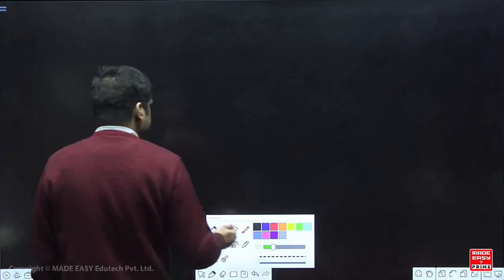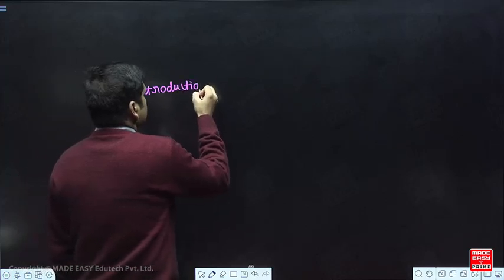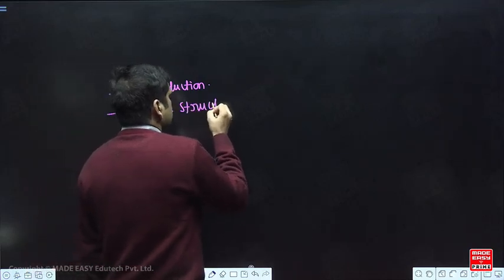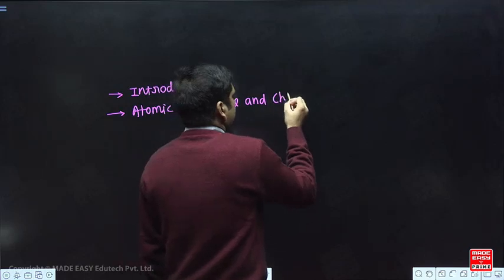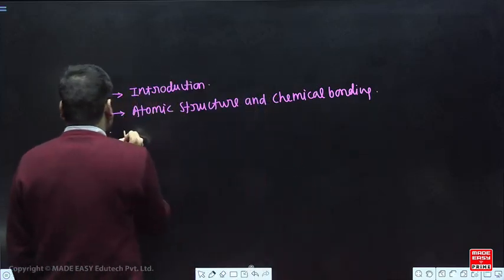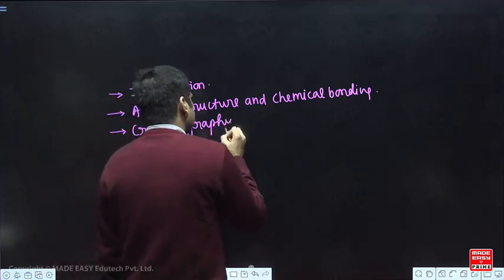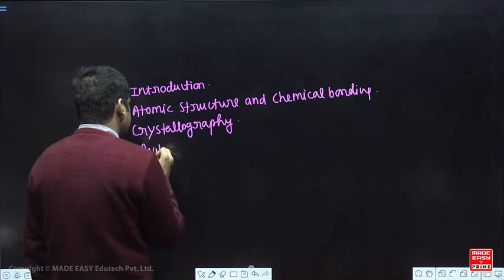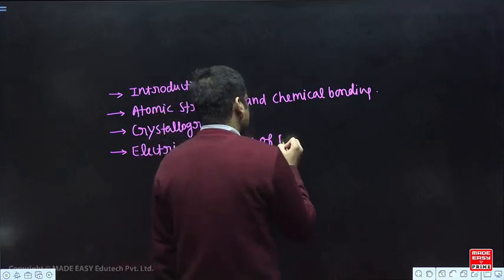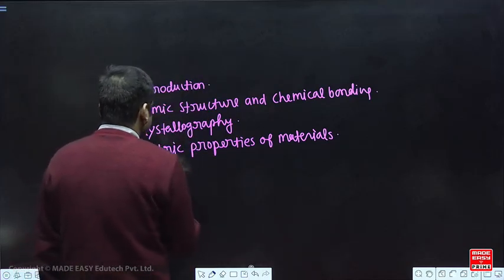Up till now we have covered introduction, atomic structure, and chemical bonding, crystallography, electric properties of materials, then magnetic properties of materials.